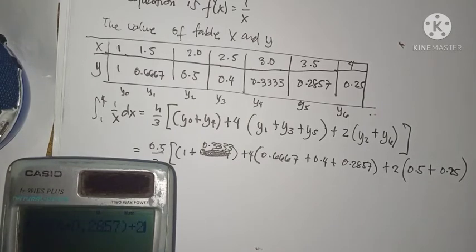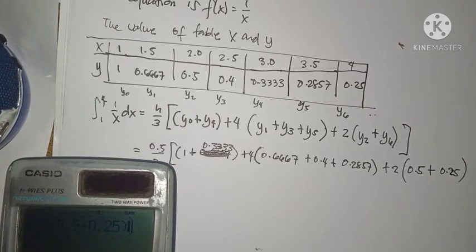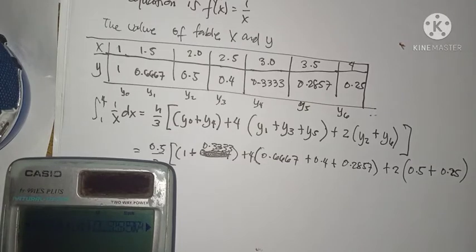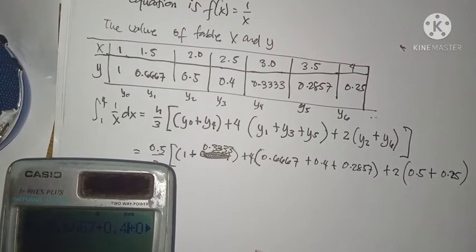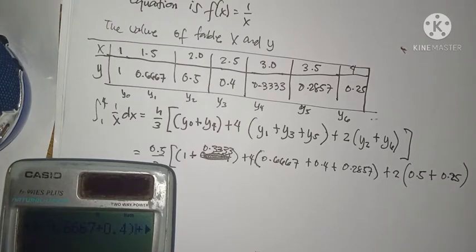So plus 2 times 0.5 plus 0.25 equals. Okay, let's wait for the result for this.